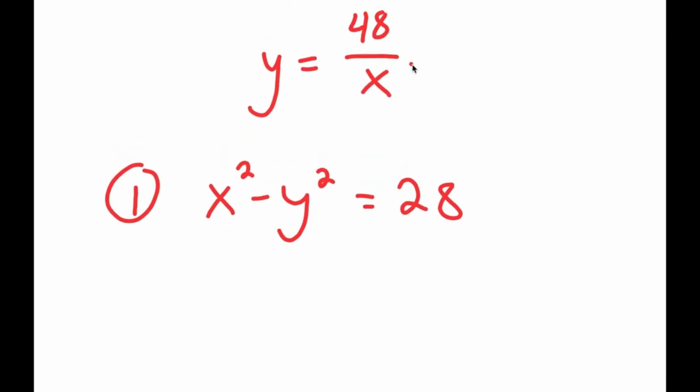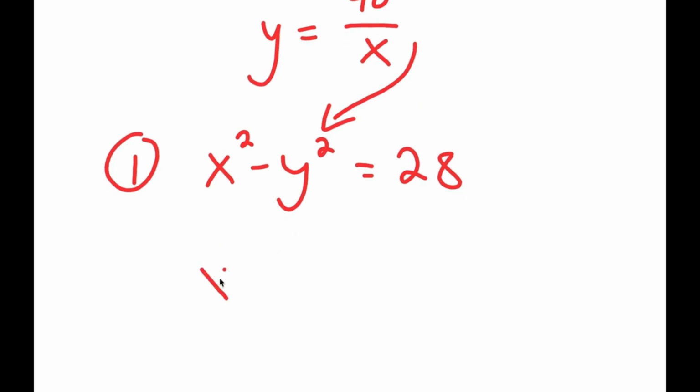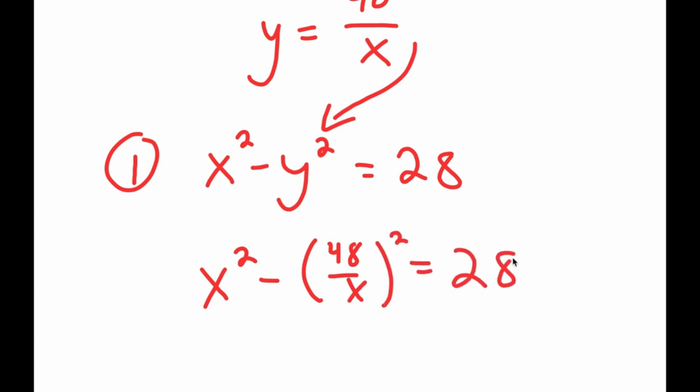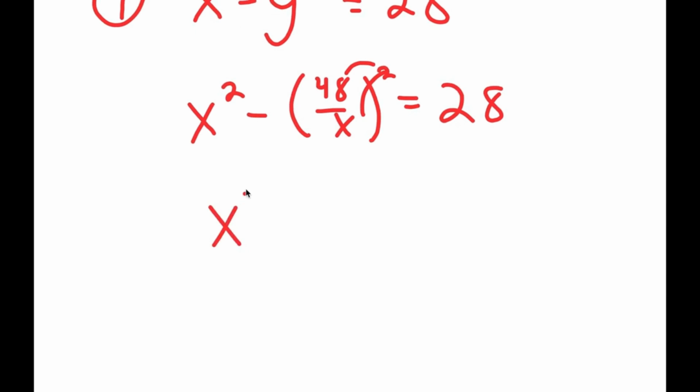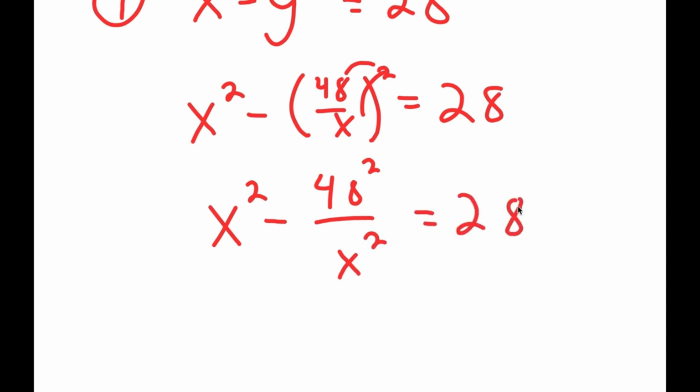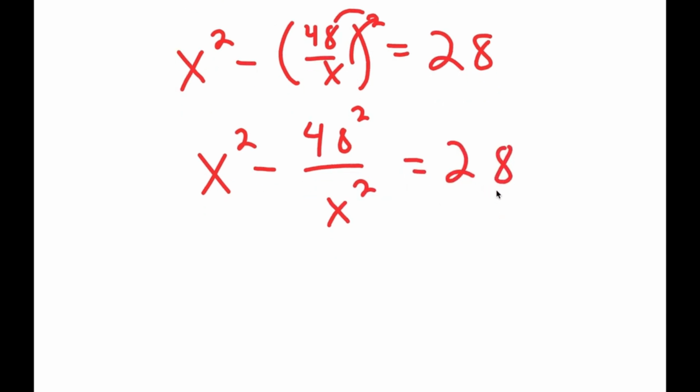So if I plug this in for y, I get x squared minus (48 over x) squared is equal to 28. Now I can substitute the 2, so I get x squared minus 48 squared over x squared is equal to 28.